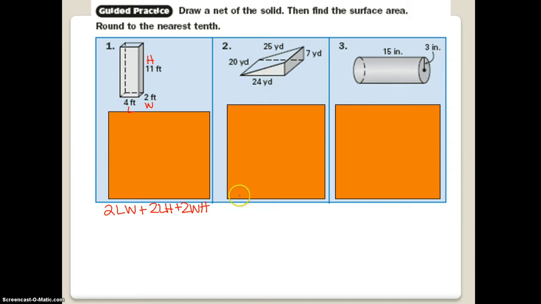So prism, a triangle prism, base of the triangle, height of the triangle, plus the sides of the triangle added together, times the height of the prism. The cylinder, well, let's talk about what we need here. So here's the right angle, even though they don't show you that, it's implied.